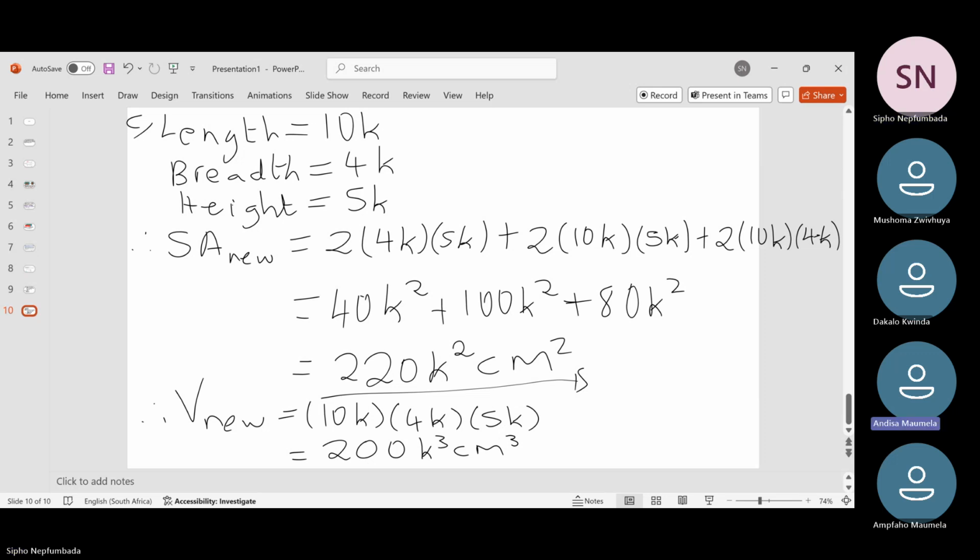Yes, but can I quickly ask a question? When we're answering parts A, B and C, is it okay if we write the data first, like L is equal to 10, B is equal to 4, H is equal to 5, so that it can be easier for us to substitute in the values?